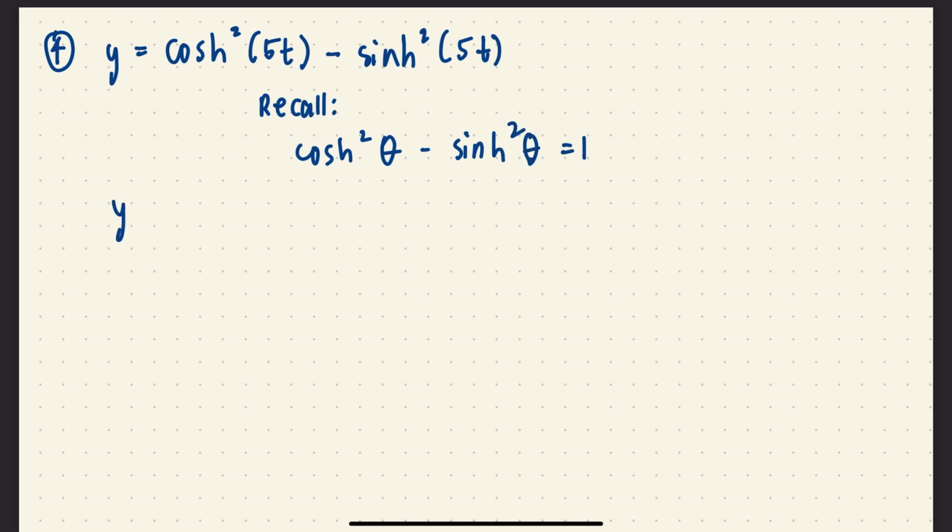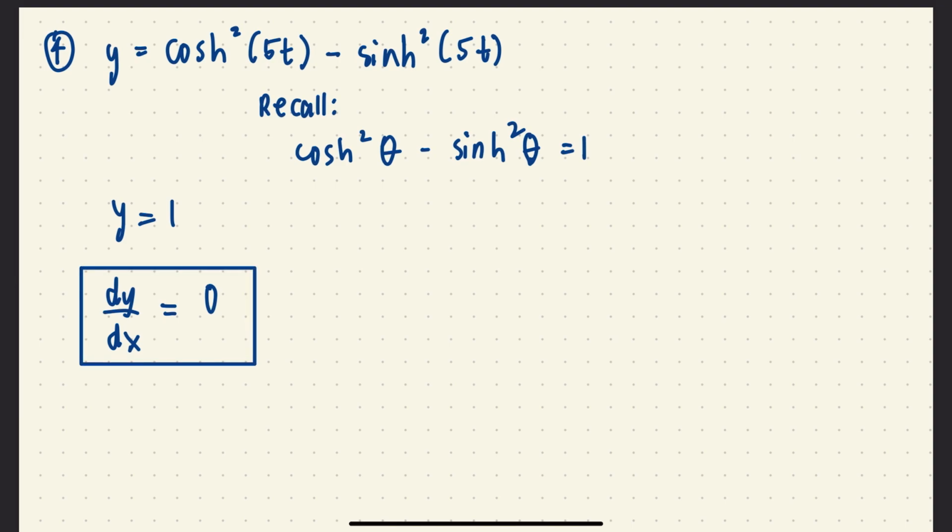So y will just be equal to 1. When you derive, it's only equal to 0. So your final answer, this is now your derivative of y with respect to t: dy over dt is equal to 0.